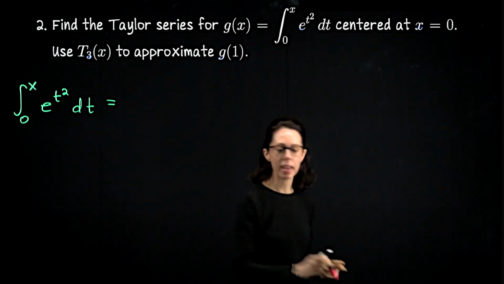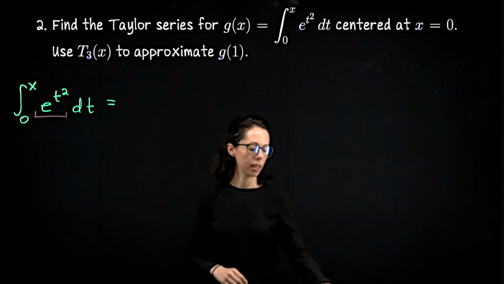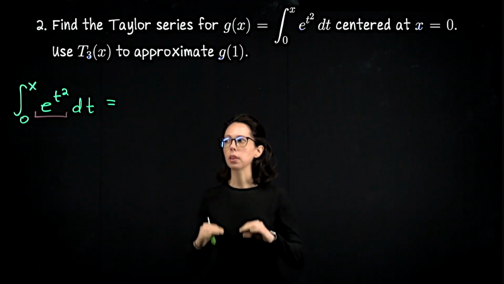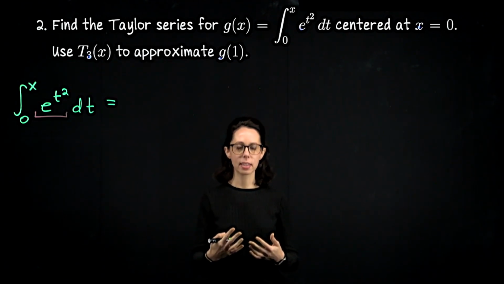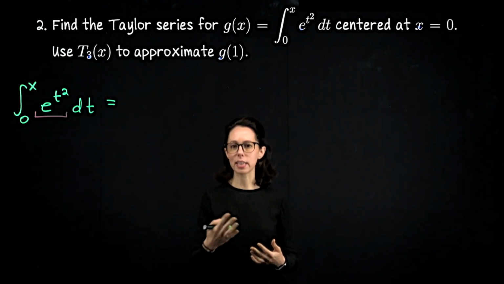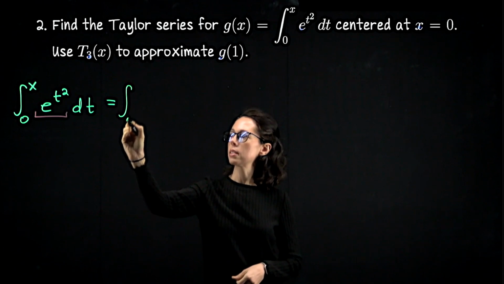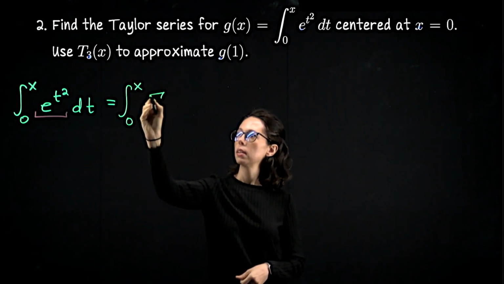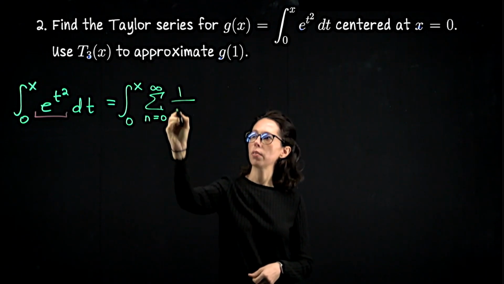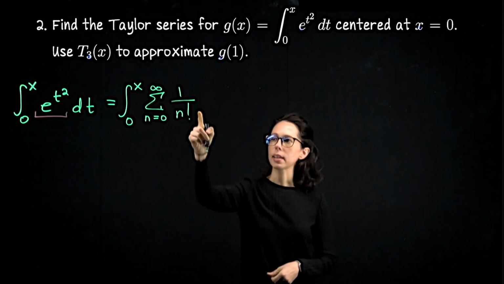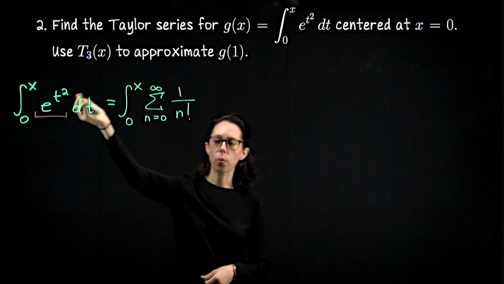Now I'm going to take this integrand, e to the t squared, and I'm going to plug the expression t squared in for x in the Taylor series for e to the x. So what that will look like is the integral from 0 to x, the sum of the series that we just found, so 1 over n factorial, except instead of writing x to the n, I'm going to write this exponent t squared to the n.